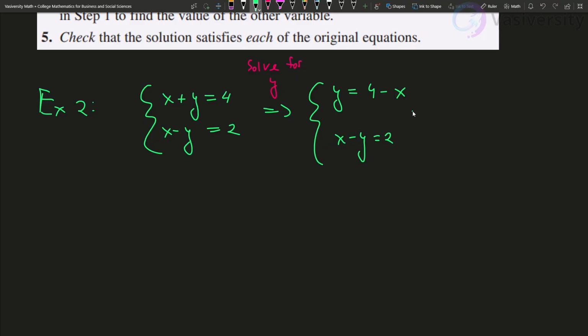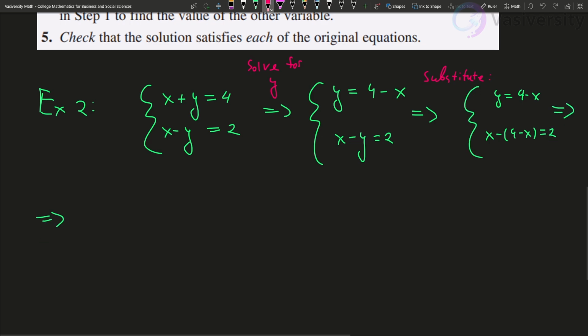Then, the next step, we're actually going to substitute. Okay, so we're going to have still y is equal to 4 minus x, right? And then in this one, we're going to have x minus (4 minus x) is equal to 2. Now, our next step is going to be solve for x.